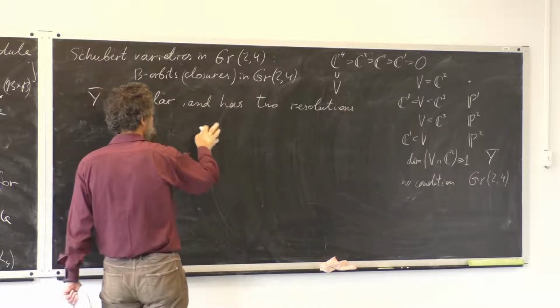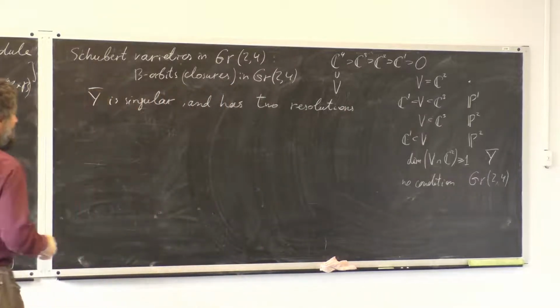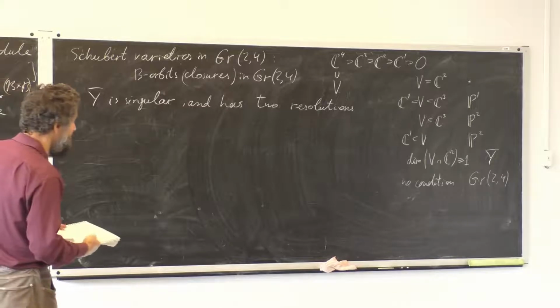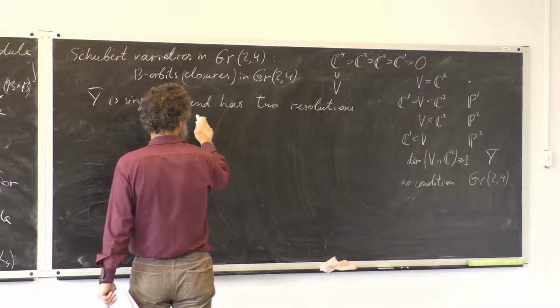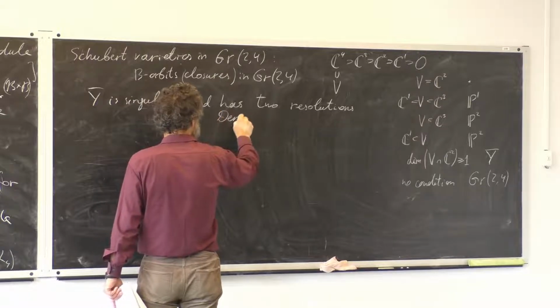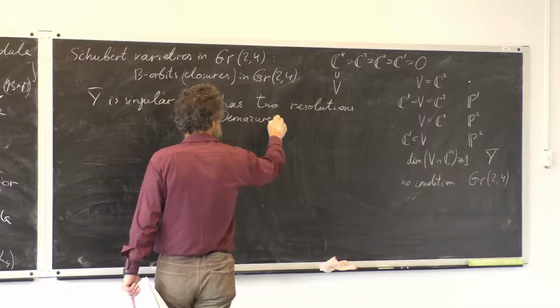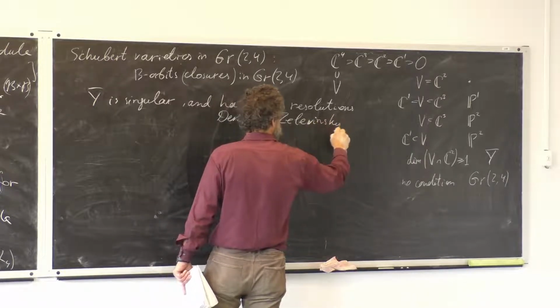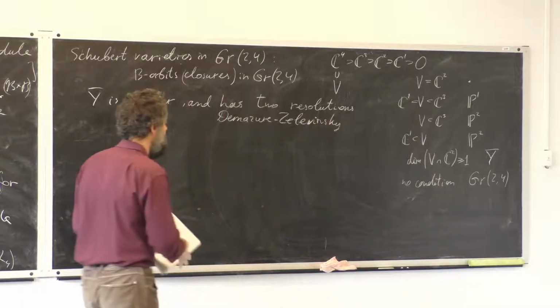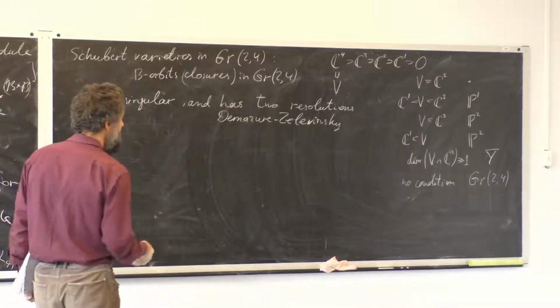So they're not quite de Mazur. I didn't define de Mazur yet. I will in 2 minutes. But they can be called de Mazur Zelevinsky. So it's some modification of de Mazur construction due to Zelevinsky.